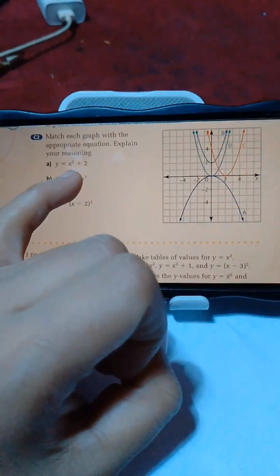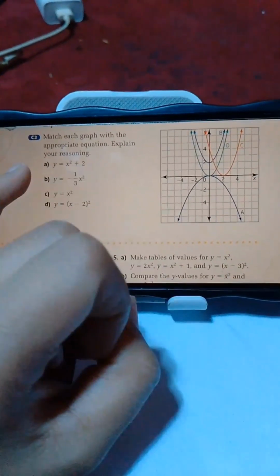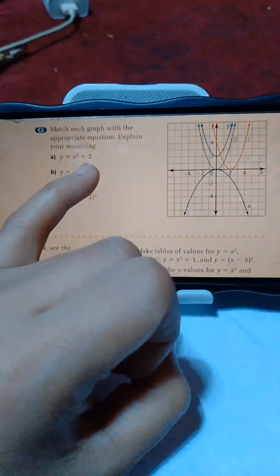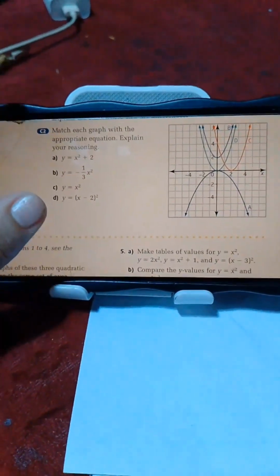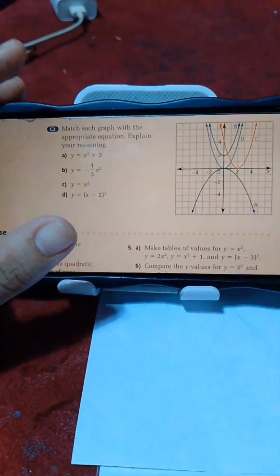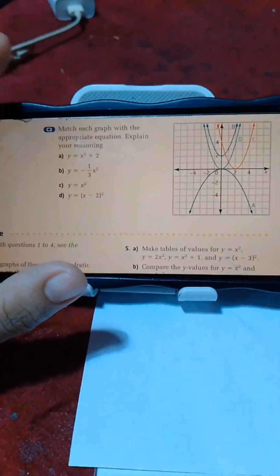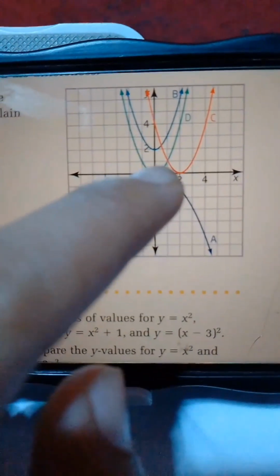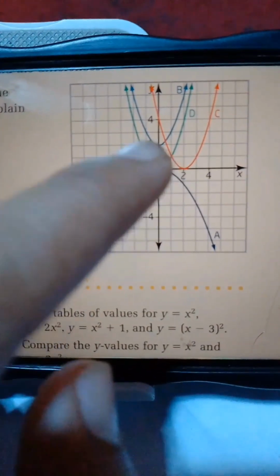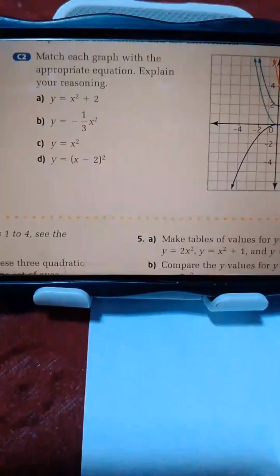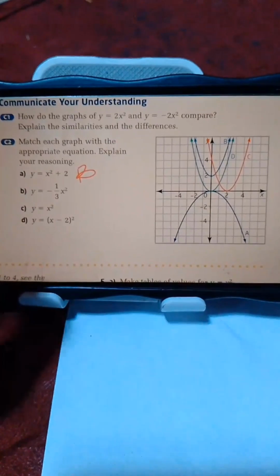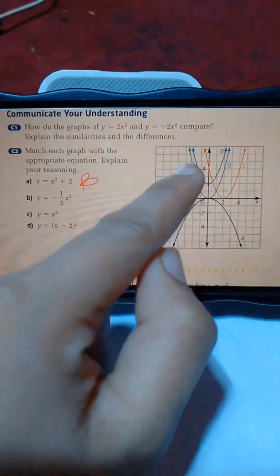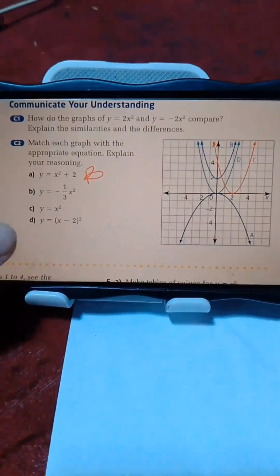If we have x squared plus 2, the y-intercept is positive 2 and the vertex is along the y-axis, 2 units upward, 1, 2. So we have B. For letter A, the answer is B. So graph this B.